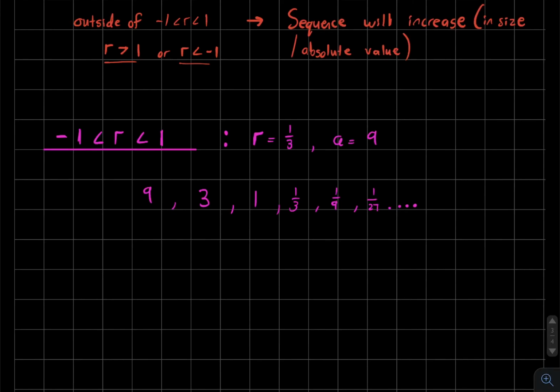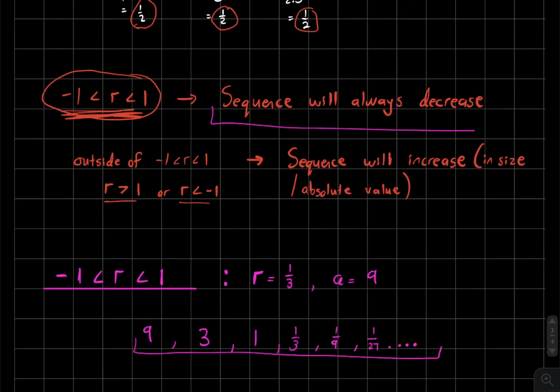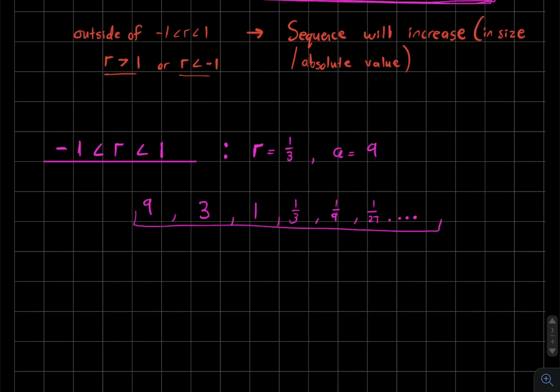So we can see that this sequence is obviously decreasing. So that means that this example confirms our original statement here, that the sequence will always decrease when r is between -1 and 1. But what you'll notice is it decreases, but it will never become less than 0.